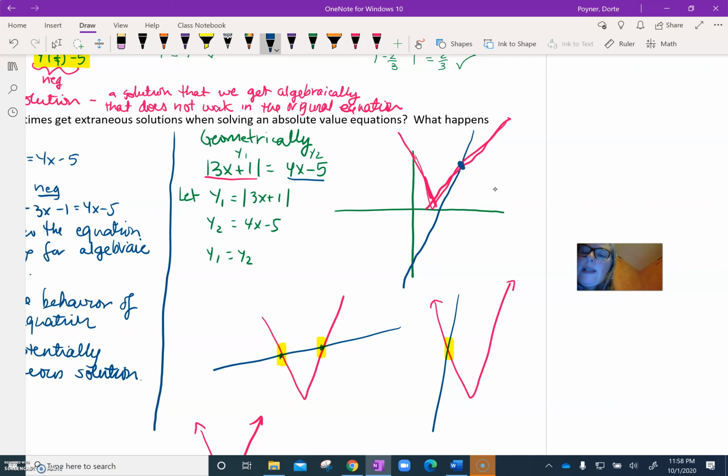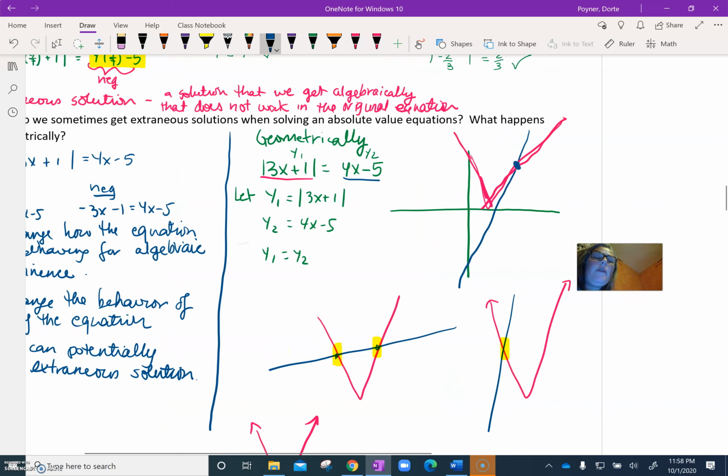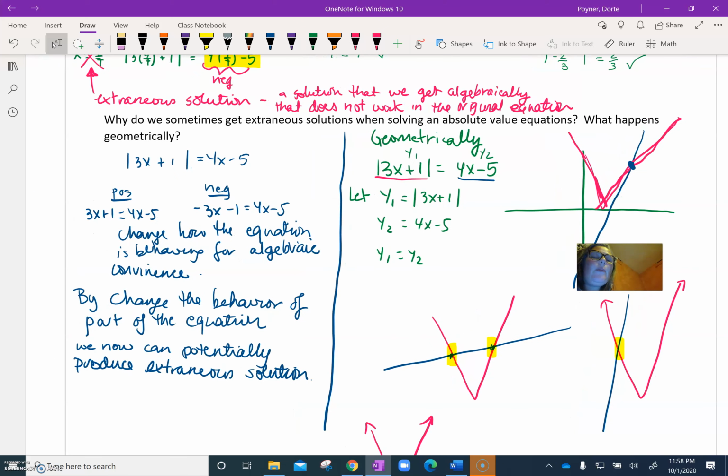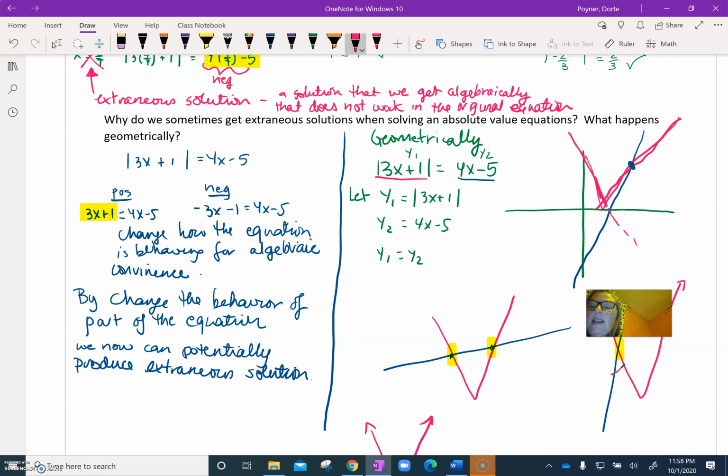But then why do we get this extraneous solution? Well, before, when I was talking about the algebraic assumptions we were making, if you look at it, when we do the positive and the negative side, if you look at the side where the absolute value used to be, I'm now making the assumption that that's a line. So it takes this V shape and, instead of making it a V, it extends it out.